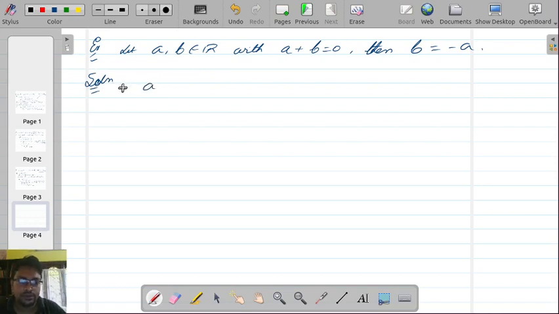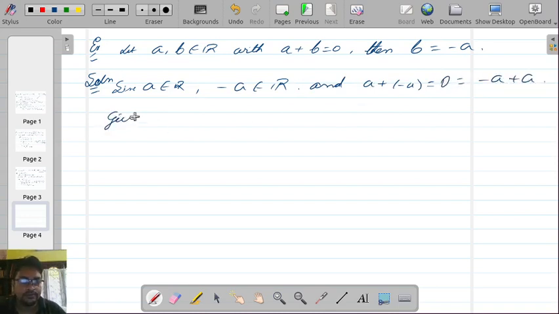Since a belongs to R, minus a is an element in R. And what does it satisfy? a plus minus a is equal to 0, equal to minus a plus a. Okay, this is satisfied. So given a plus b equal to 0, how do you show this?